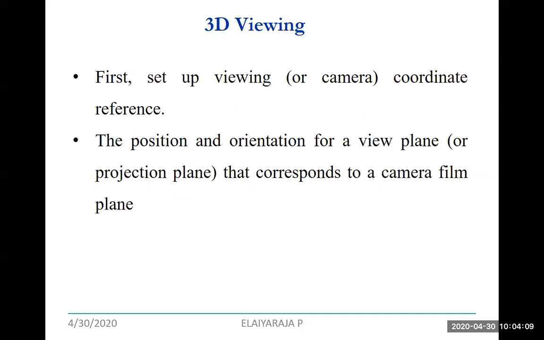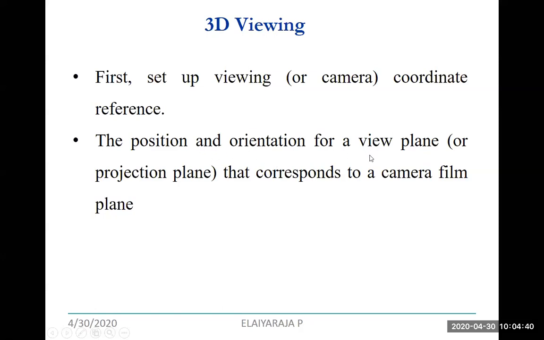First, set up the viewing, that is, the camera coordinate reference, and the position and orientation for the viewing plane. Suppose you are based on the X, Y, Z axes, which will be visible on your screen. With respect to, suppose, the X, Y plane, your viewing coordinate is from the Z view.